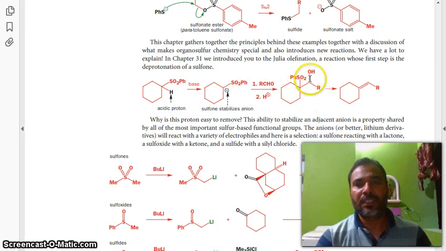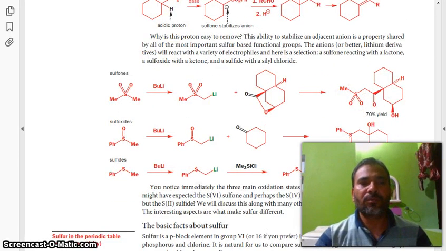Again, dehydration from this position and this position will remove and form a carbon-carbon double bond. Now sulfone, sulfoxide and sulfides, that is the importance.